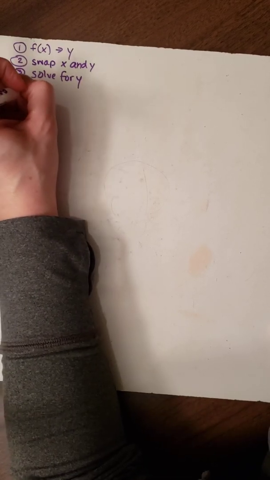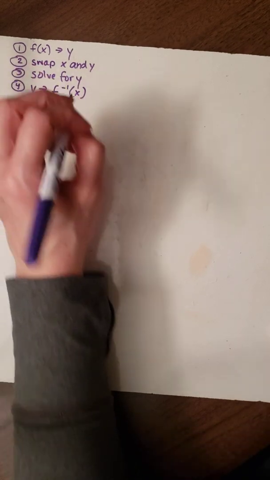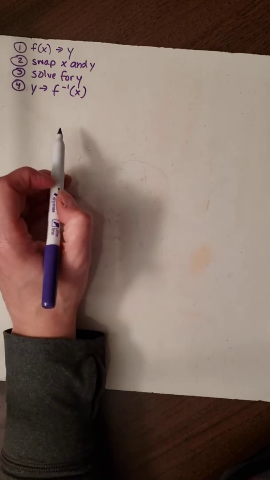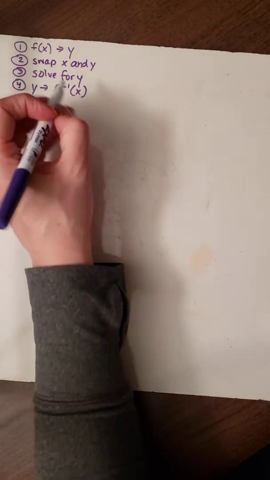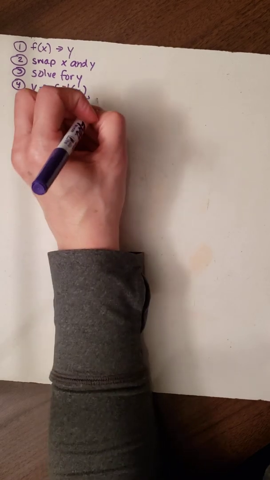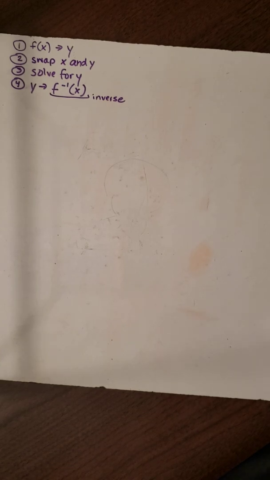And 4 then is y becomes f inverse of x. And hopefully you caught in the other video, this notation just means inverse. That's all it means. The -1 doesn't have any other kind of value at this point. It's strictly notational here.